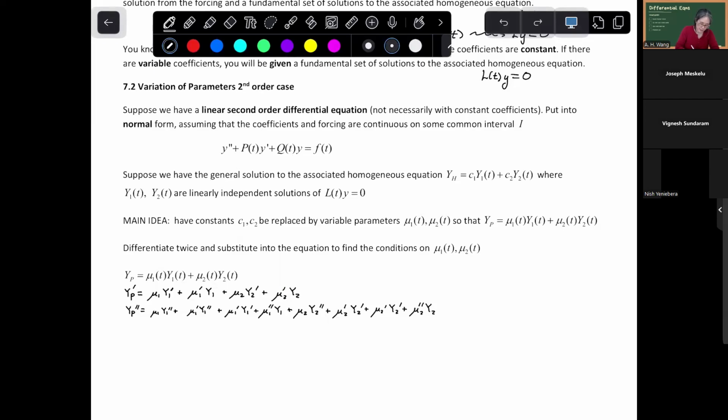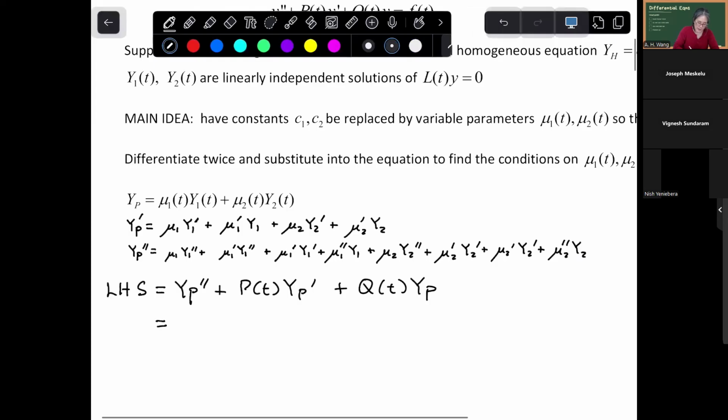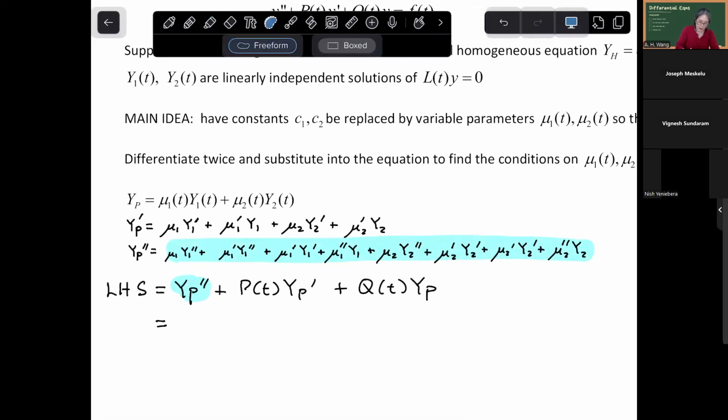So we're going to do the left-hand side, and that's going to be y double prime plus p of t y prime plus q of t y. Everybody can see that this right here is the y prime. So I'll go ahead and grab all of him.